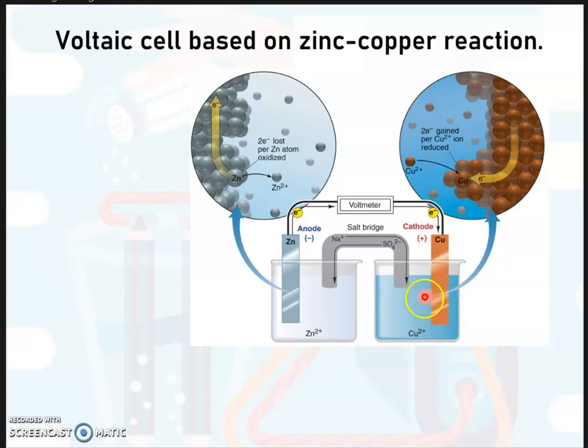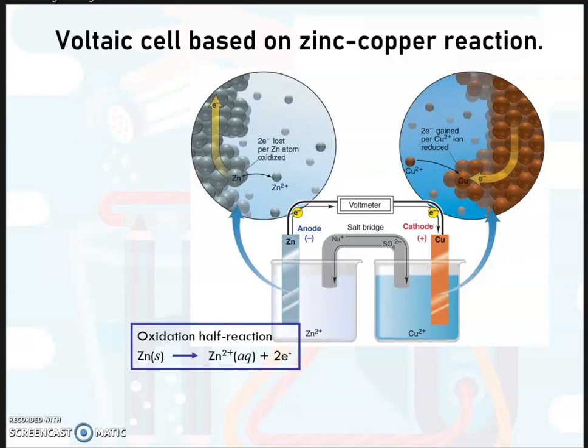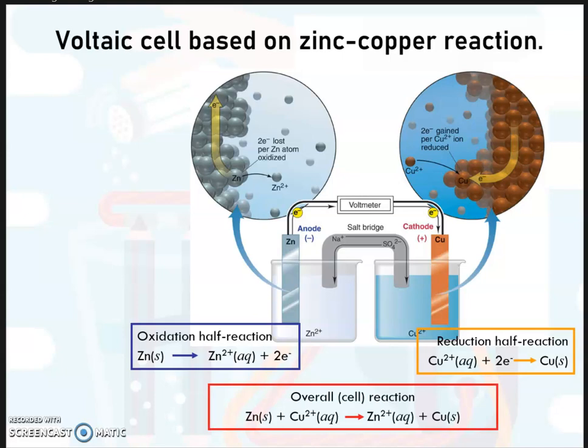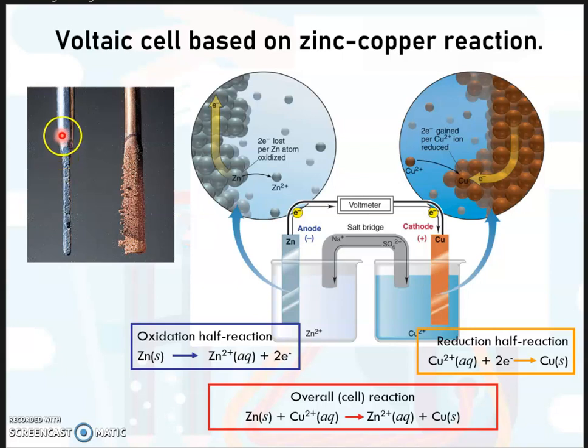So it will become copper and it is deposited at this cathode. So anode will become smaller, cathode will become bigger. So this is the oxidation half reaction at anode, this is the reduction half reaction at cathode, and this is the overall cell reaction. See, the zinc will become thinner, the copper will become thicker.